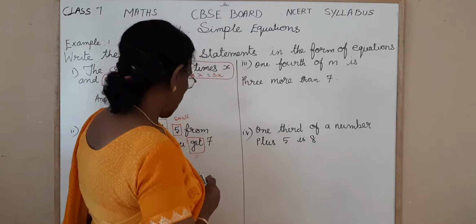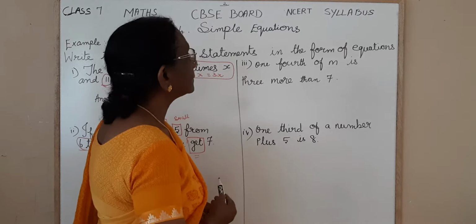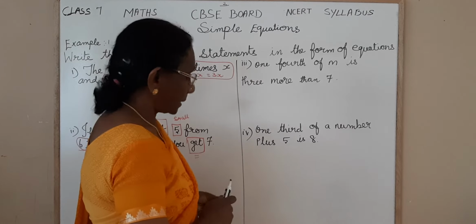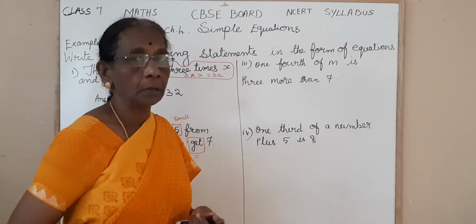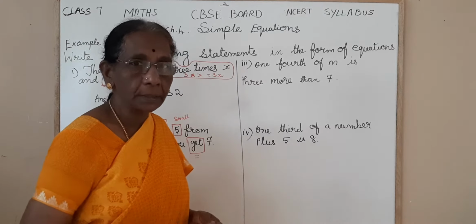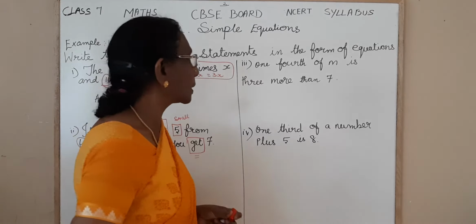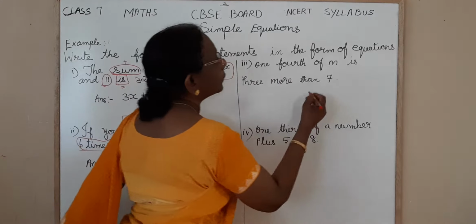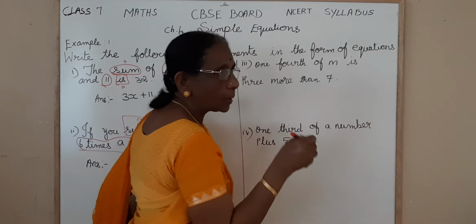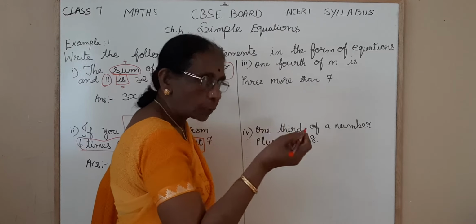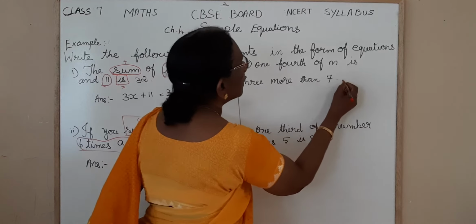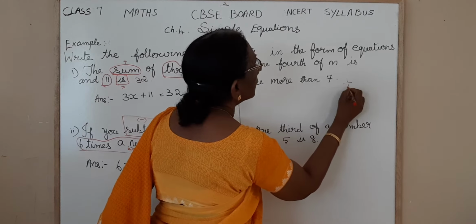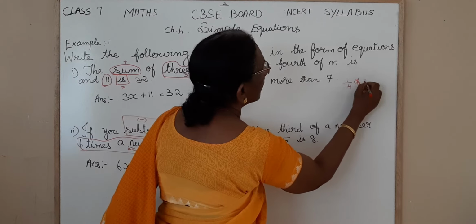1/4 of m is 3 more than 7. So now 1/4, 2/4, 1/5, they represent what? Fractions. Okay. So 1/4 is what? 1 by 4. 2/5 is what? 2 by 5. Isn't it? So 1 by 4 of m.